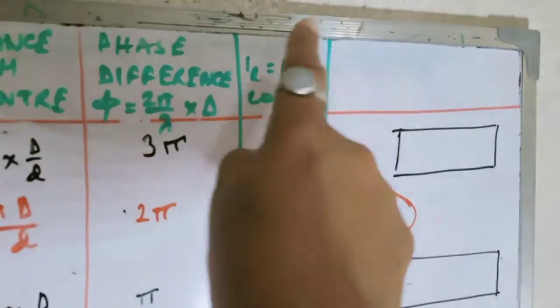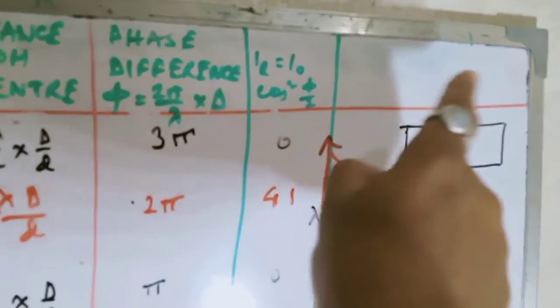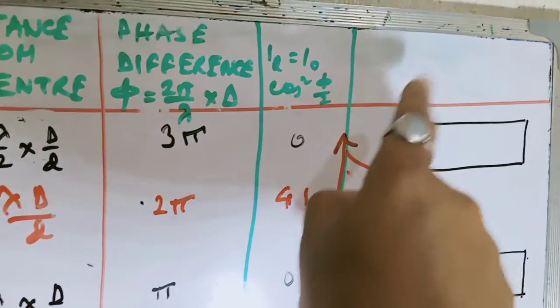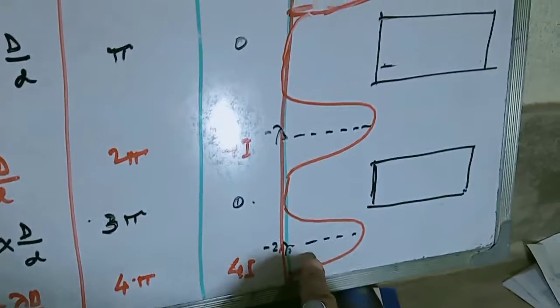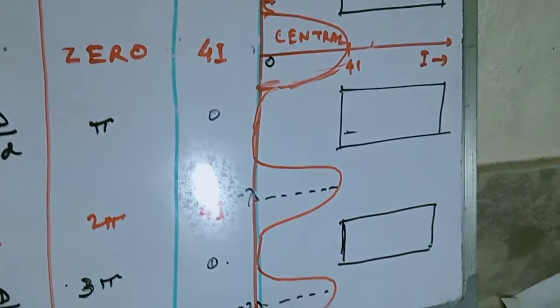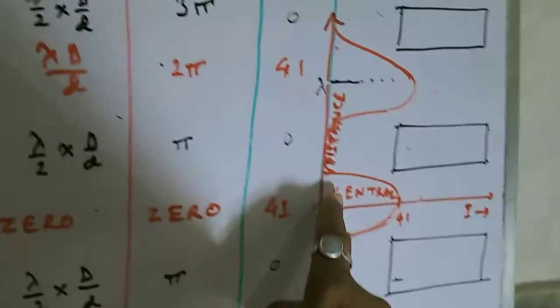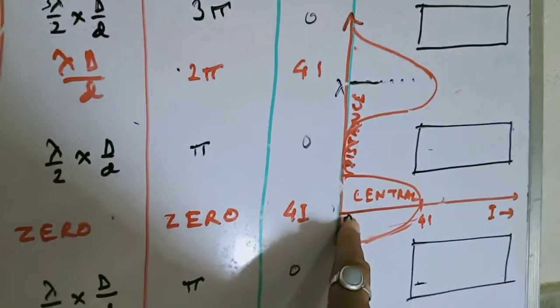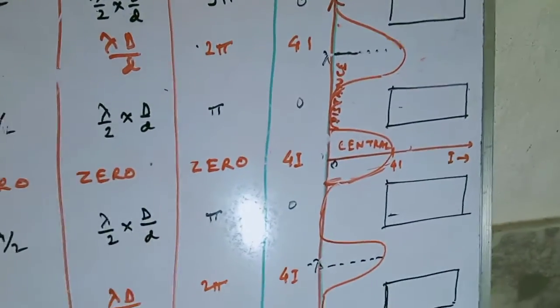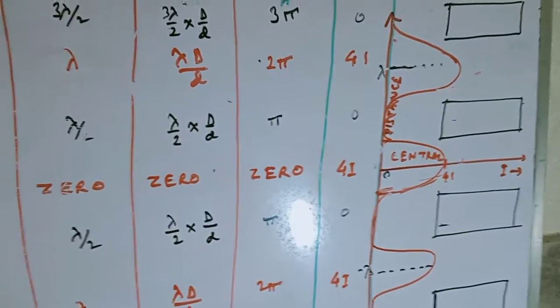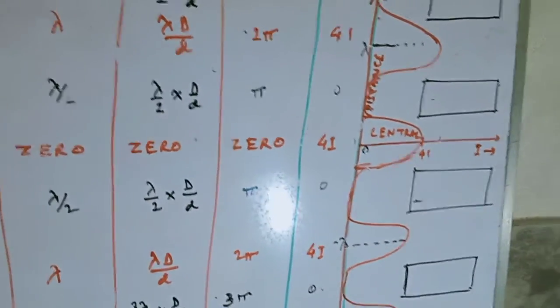Similarly, the next bright fringe, this is not shown in the diagram, will be 2 D lambda by small d. Again this one is minus 2 D lambda by small d. So this is the central region in the graph. One will be in the upward and another will be in the downward direction. If we plot it graphically, one will be positive, another will be negative.